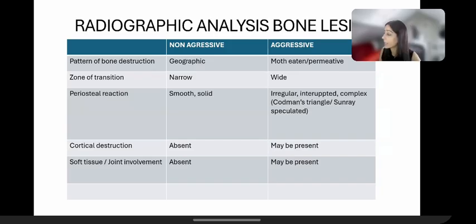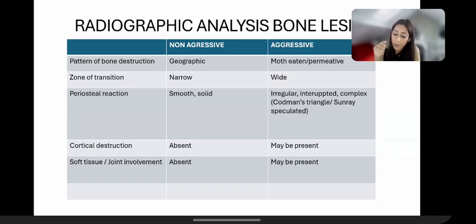Now, this slide is something that you all are familiar with. This is something you all know. What classifies as an aggressive lesion is when your pathological process is so aggressive, so fast, it's just destroying the bone. So you don't have a well-defined margin between your normal and abnormal bone. Now we talk about the zone of transition.